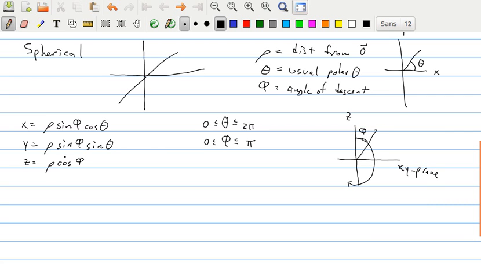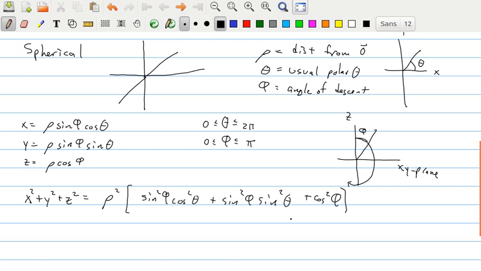First up, we've got a lot of trig in here, so we can probably rely on some identities. If you take x squared plus y squared plus z squared, if you square all these and add them together, well, everything's got a rho squared in common, so we could factor that out. Then we've got sine squared phi cosine squared theta plus sine squared phi sine squared theta plus cosine squared phi.